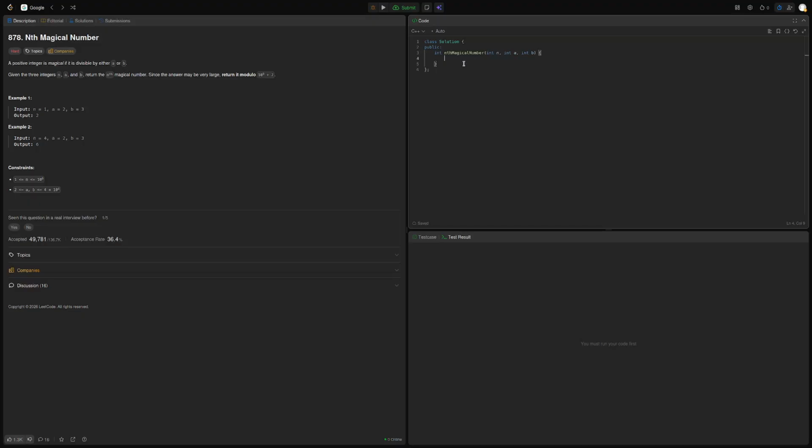Okay, I think we can do this with binary search. Not sure the number really will be larger than 10 to 18 or even less.